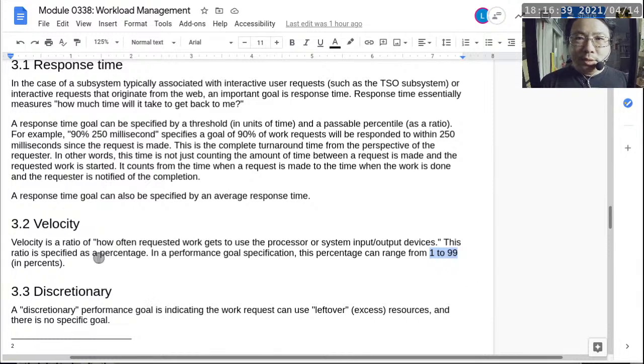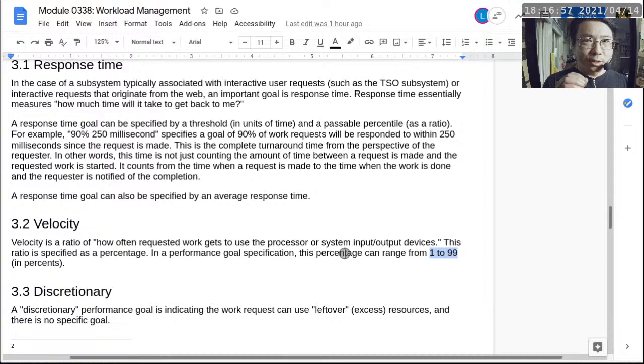So in this case, velocity is specified in 1 to 99%. So this is basically a target velocity. Velocity is tricky because it's relative to everything else.